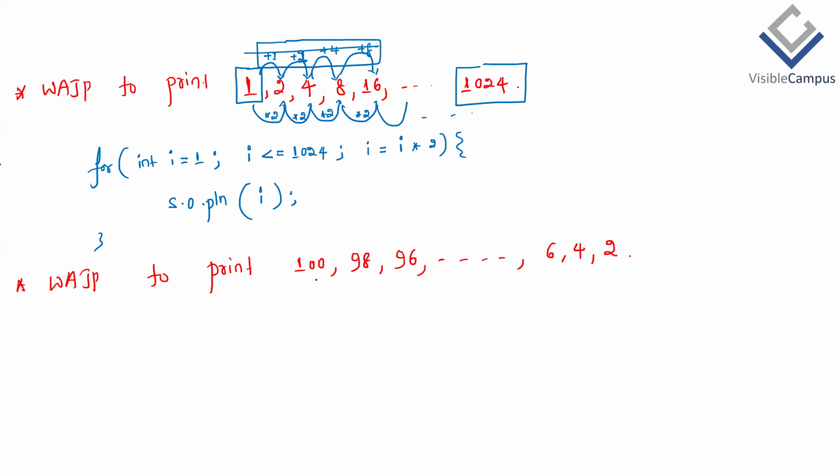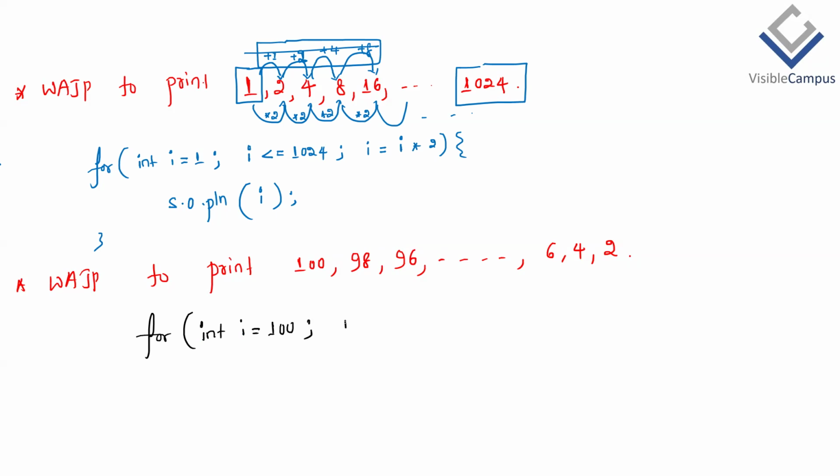Correct. Next one, 100 to 2. What numbers do we have to print? Print even numbers from 1 to 100 in reverse order. That's the question. Then first, for loop, what's the initialization? int i = 100.